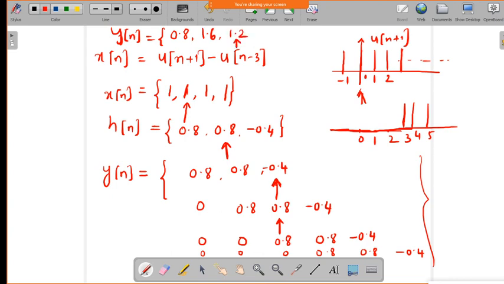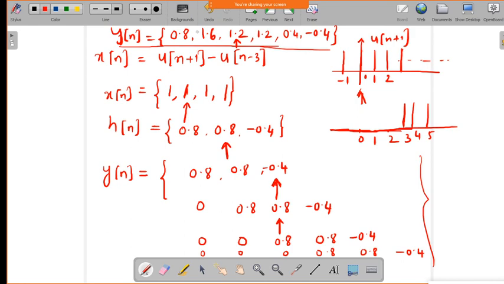Similarly, here it is 1.2, then 0.4 and minus 0.4. This is the output of your system when you give the input x of n. Is it understood?